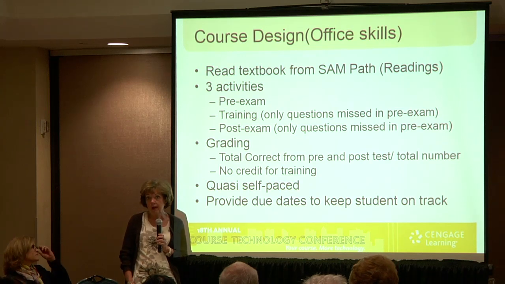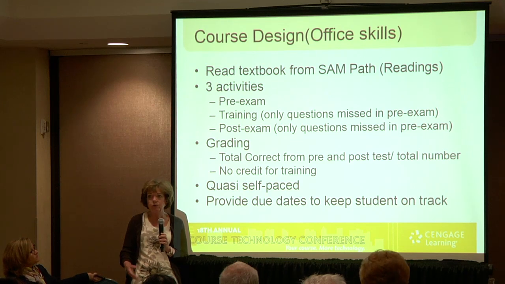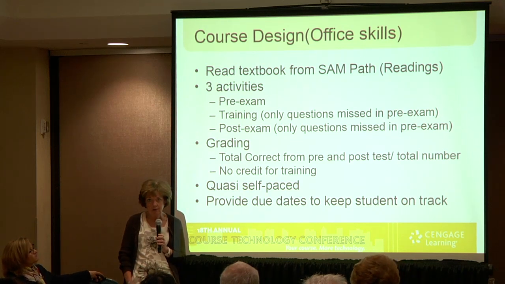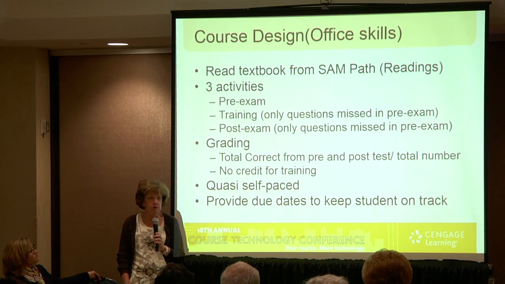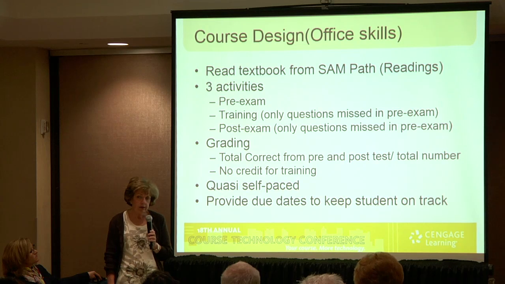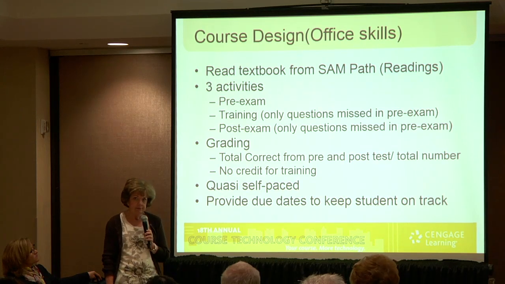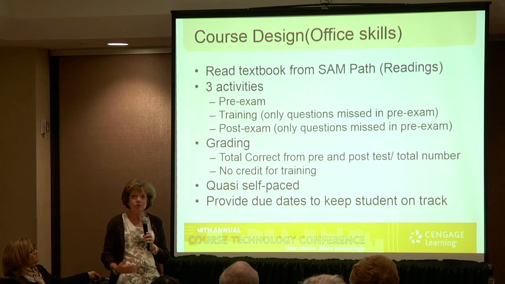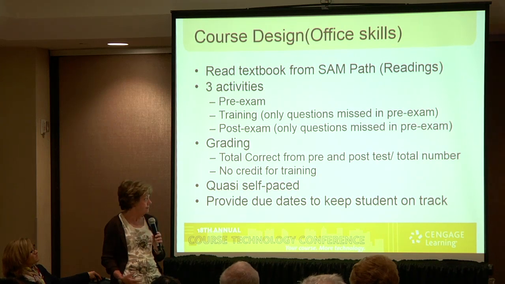Now, if you have used SAM training, you know that you have to complete all of the training before you can move to the post-test. So once they've completed the training, then they move to the post-test, and they take that. They get no credit for the training, but they can't move on until they've done it. So you know that you're forcing them to do the work.